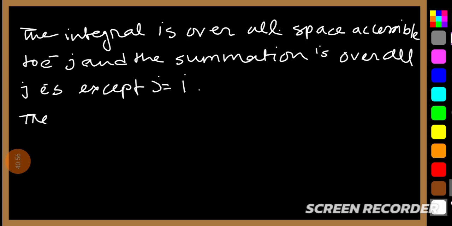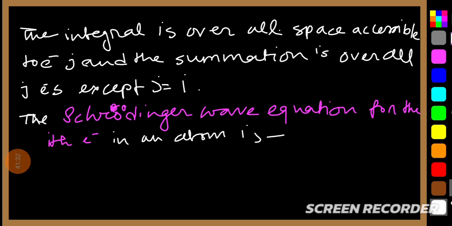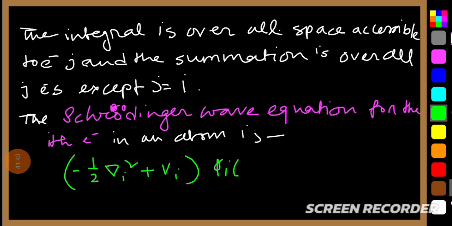So the Schrödinger wave equation for the ith electron in an atom is: (minus half del square plus V_i) phi of i equal to epsilon_i phi of i, যেখানে i বলতে কি বোঝায় 1 2 3 dot dot.